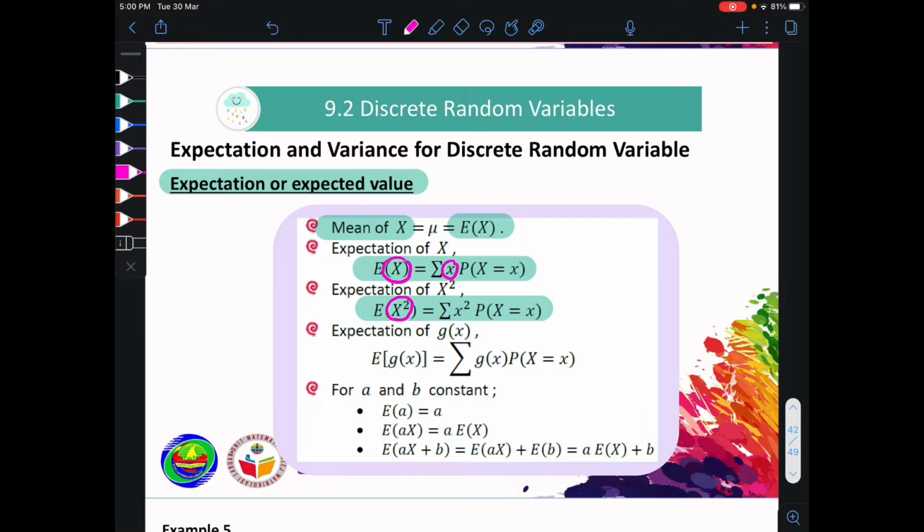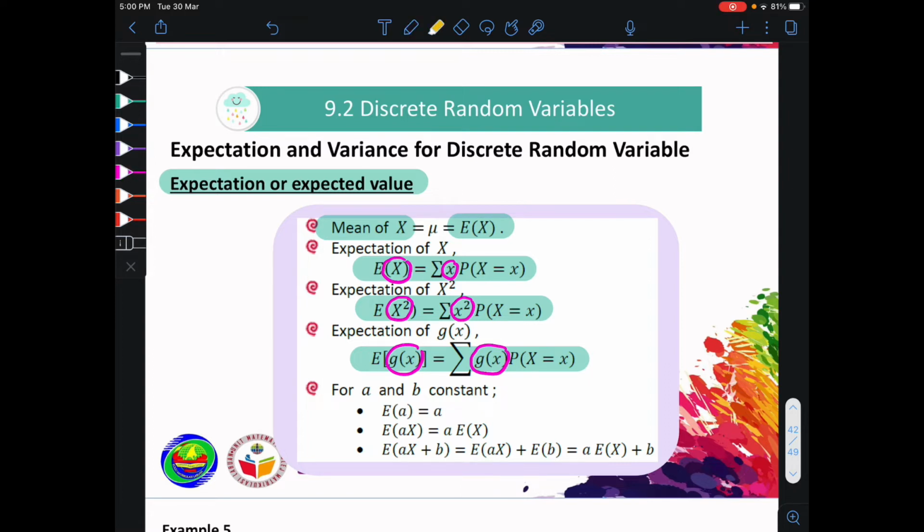Since we're using x squared here, in the formula we're also going to put x squared. Hence, expectation of any function g(X) is equal to summation of g(x) times P(X = x). Note that since we're using the function g(x) here, that's why this is also g(x).